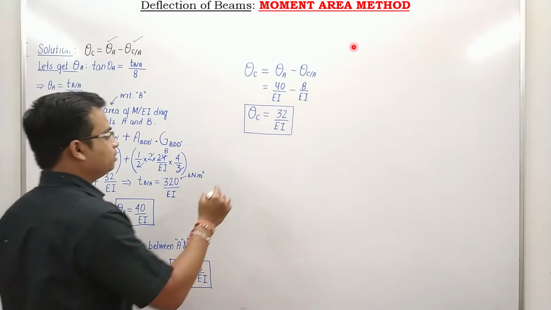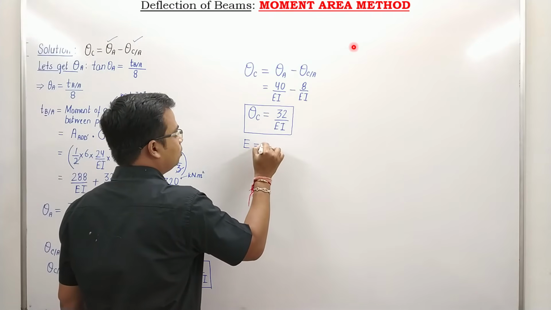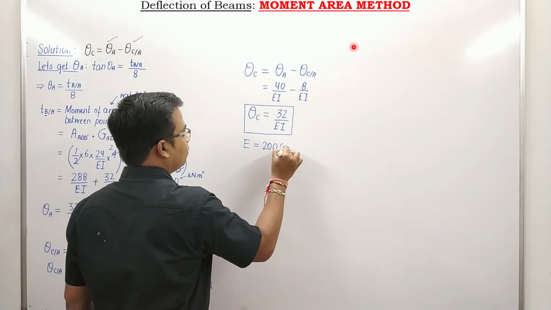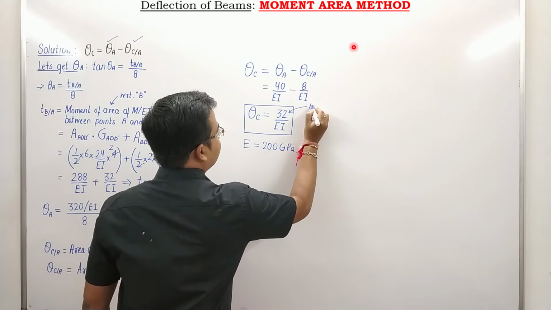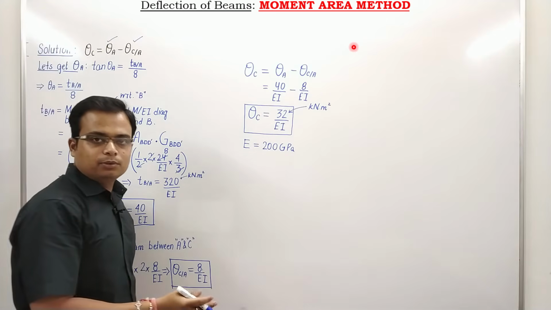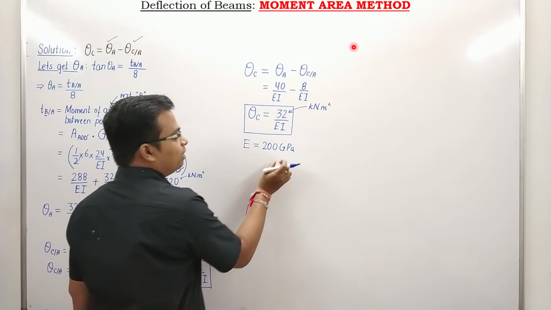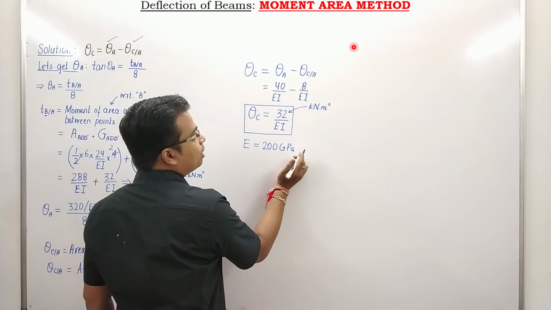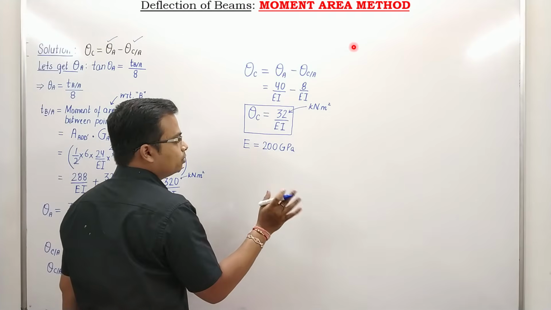Let me write this. E is equal to 200 GPa. Now remember guys, this value has been computed in kilonewton meter square, because the point load that was given to us was in kilonewton, 16 kilonewton. So can we convert this also into kilonewton meter square? By the way, Pascal is Newton per meter square.